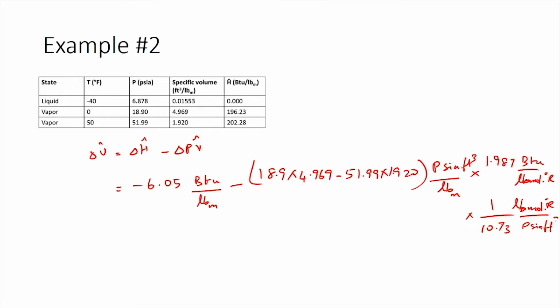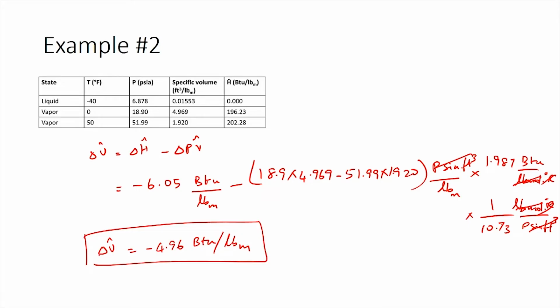So, the PSIA feet cube gets cancelled, pound moles degree Rankine gets cancelled. So, the units for this term now become BTU per pound mass. So, using this you can get the final value for delta U cap as minus 4.96 BTU per pound mass. So, this is the change in specific internal energy for the process of cooling this vapor from 50 degrees Fahrenheit to 0 degrees Fahrenheit.